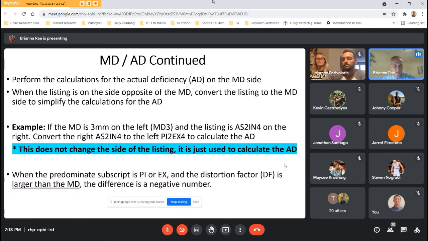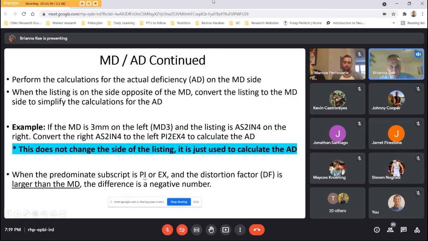You'll want to star this, write this down, because this could help you on a test question. When the predominant subscript is PI or EX, and the distortion factor is larger than the MD, the difference is going to be a negative number. So again, think of a teeter-totter. Let's say we had an MD of 3 millimeters on the left, and a PIEX on that left side.